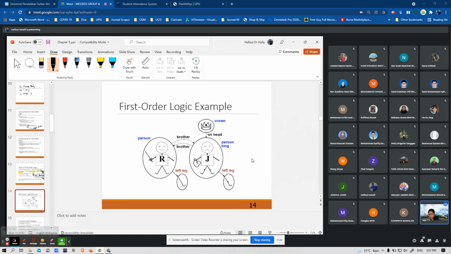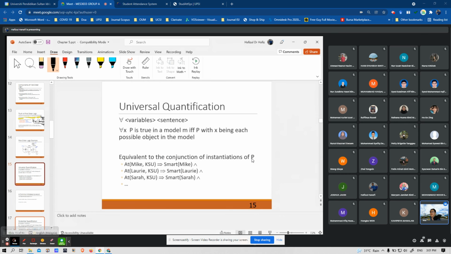R is brother of J, and J is brother of R. For the universal quantification, "for all x, P" is true in the model M if and only if P is true with x being any possible object in the model. It is equivalent to the conjunction of the instantiations of P.